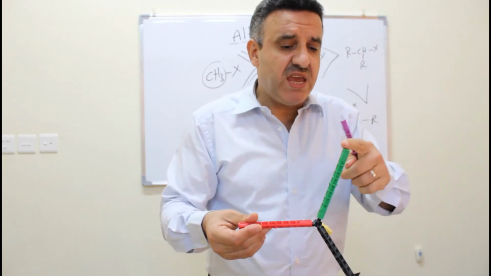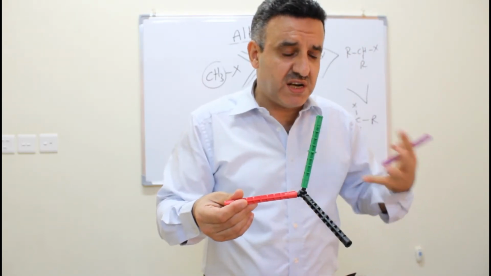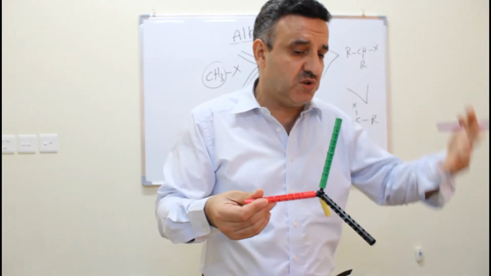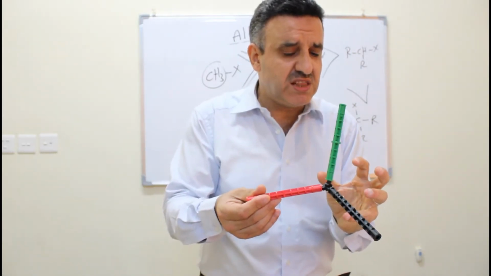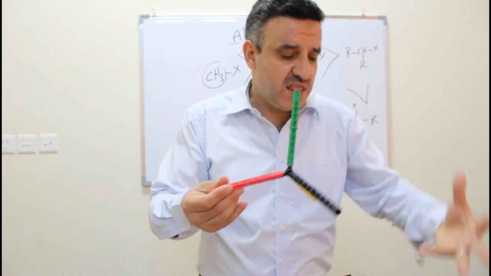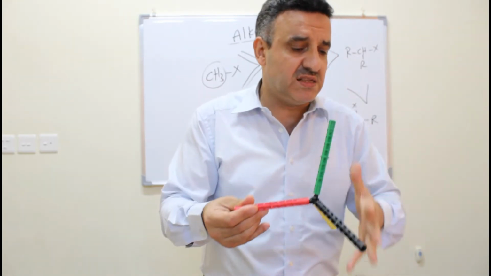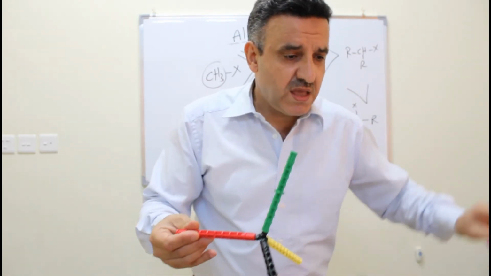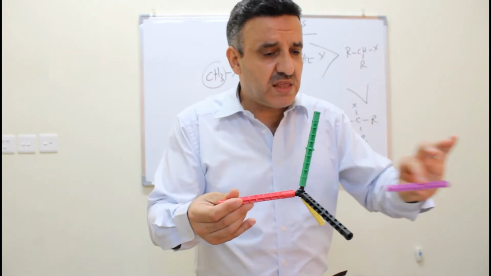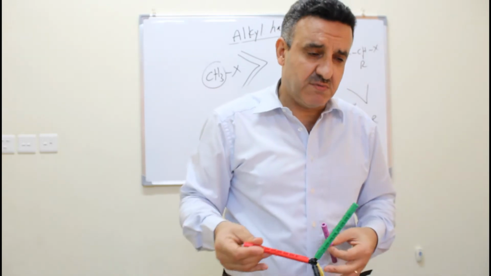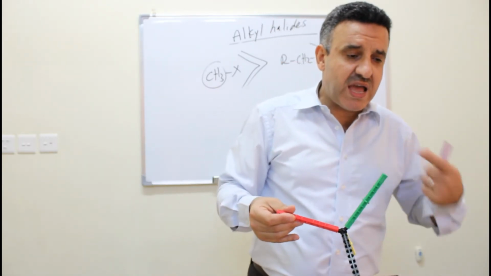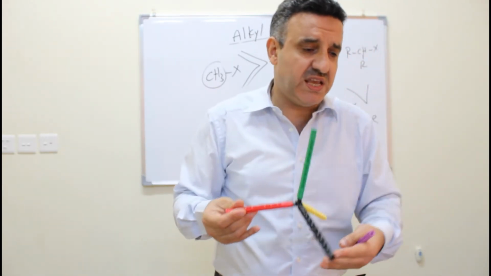But if these groups are R groups, in other words, carbons connected to other hydrogens and so forth, you should imagine these groups like balls, therefore there will be steric hindrance here. These will repel the attack of the nucleophile, therefore the rate of reaction will be much slower as the number of R groups increases.